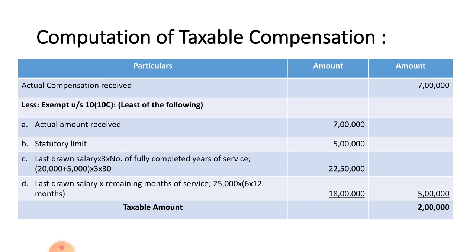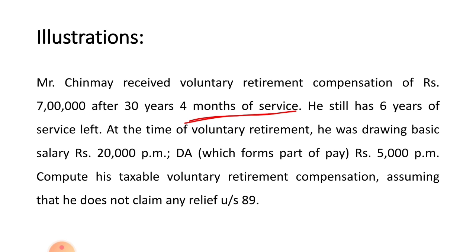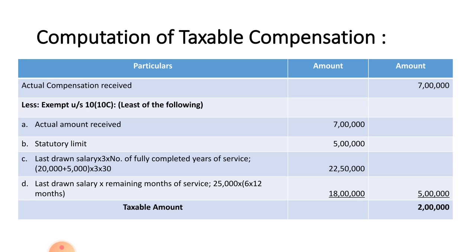And number of fully completed years of service, that is 30, and you have to leave this 4 months of service. That amounts to rupees 22 lakhs 50,000. Next one, last drawn salary into remaining months of service, that is 25,000 into 6 into 12, that is 72 months. Calculate that. That amounts to rupees 18 lakhs.